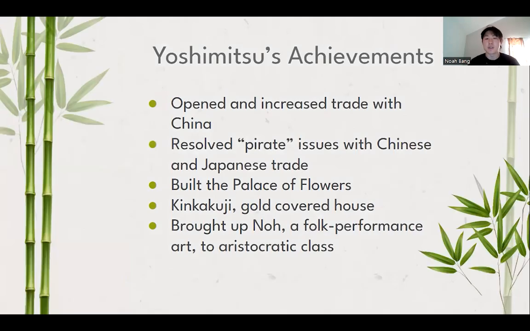So as for what he achieved during his reign, he opened and increased trade with China, which is a big one. And probably the biggest one is resolving the pirate issues with Chinese and Japanese trade. This was a huge one because these piracy issues have been increasing over time with pirates between the Chinese and Japanese countries.